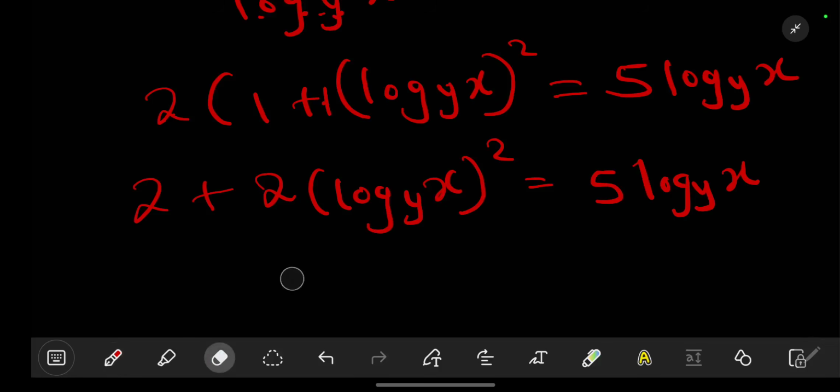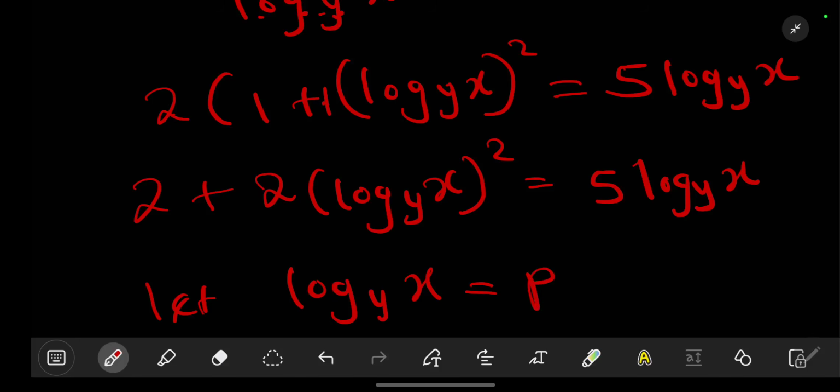So from here, what we are going to do is let our log of y of x be equal to a number, let's use p.